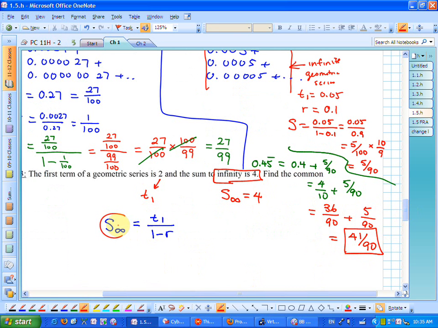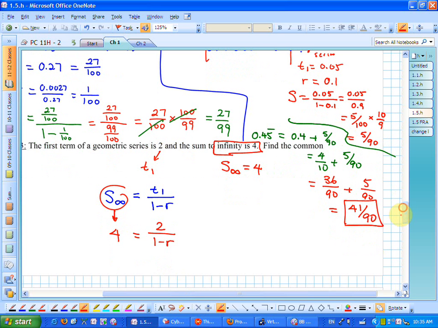Can someone tell me what S of infinity is? 4, good. T1 is 2, so you have this fraction. And then you need to solve for R. My suggestion, if you can't see, is that this is like 4 over 1. We can cross multiply, if you like cross multiplying. So 4 times (1 minus R) equals 2.